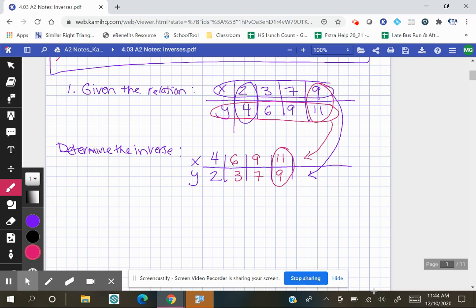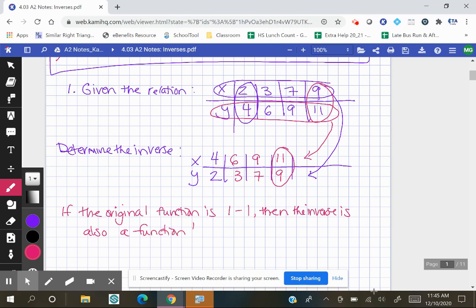Also, while we're talking about inverses, it's important to talk about functions and one-to-one functions. So remember, if you tell if something's a function or not, then we use the vertical line test. So if the original function is 1-to-1, then that tells us the inverse is also a function.